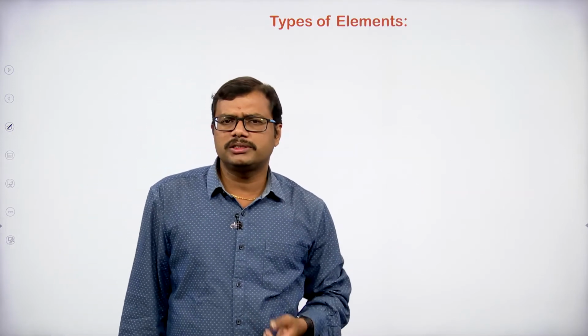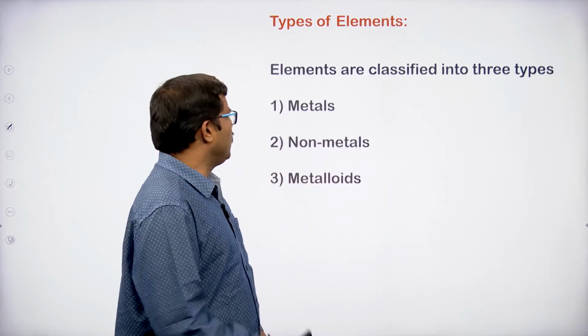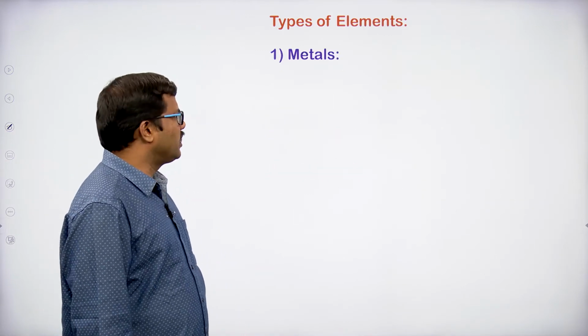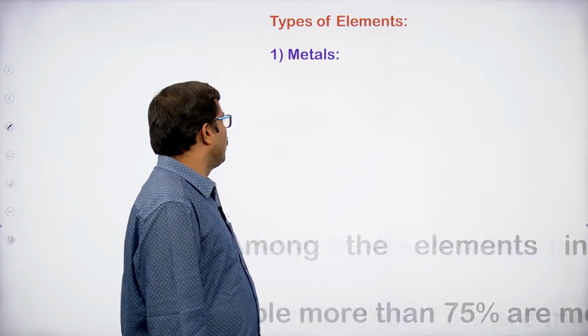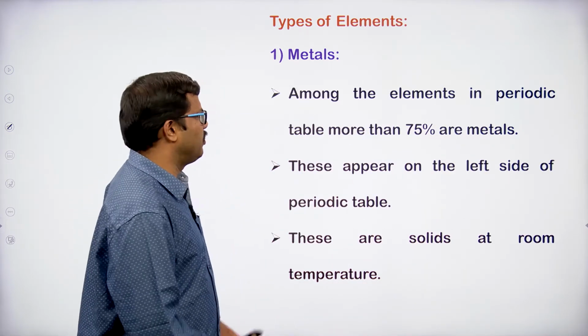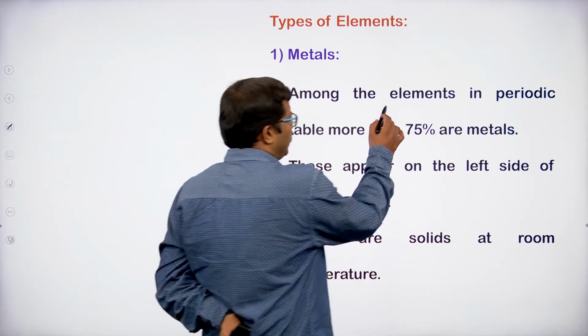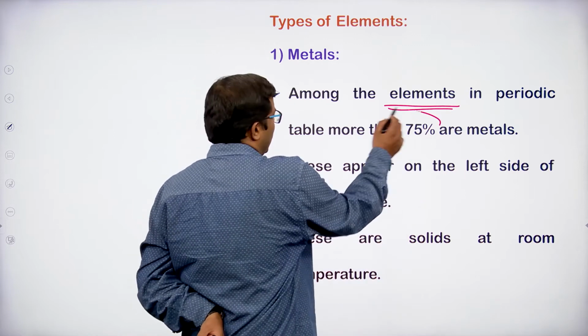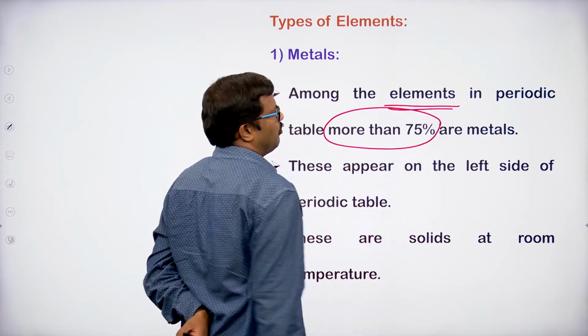Now let us discuss the elements which can be seen as metals in the periodic table. What are metals? Where can we find the metals? If you observe the periodic table, how many metals are present? More than 75% are metals.